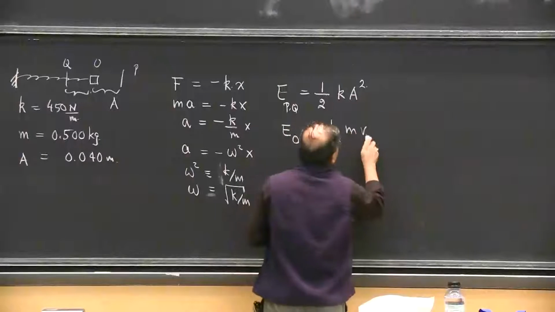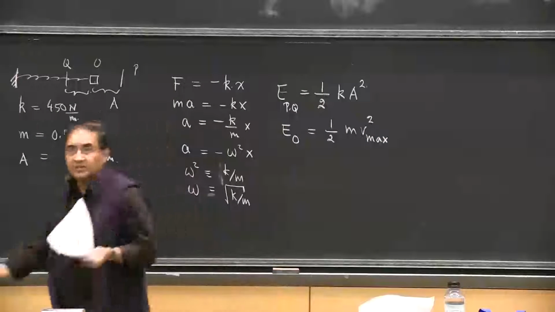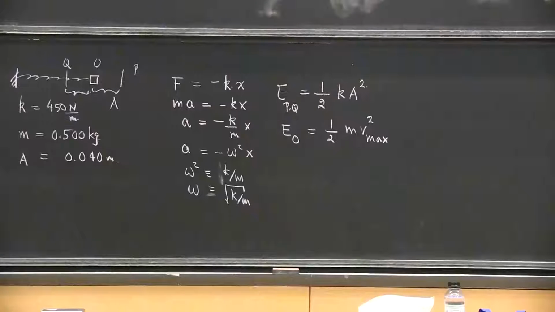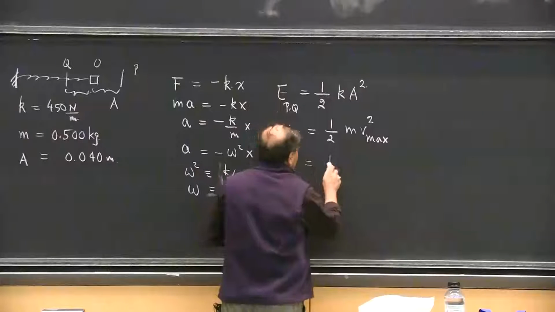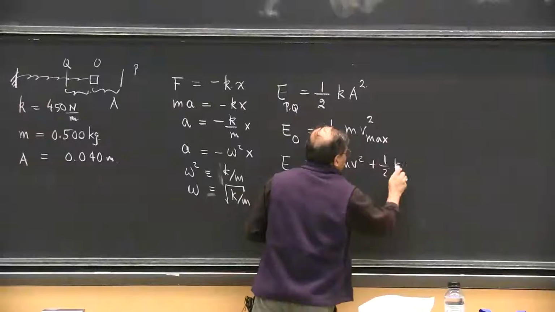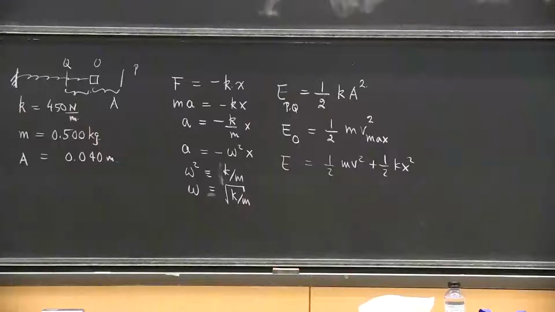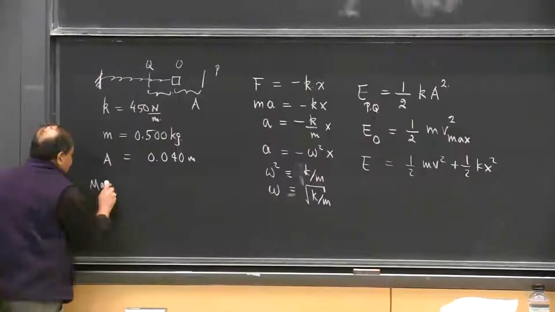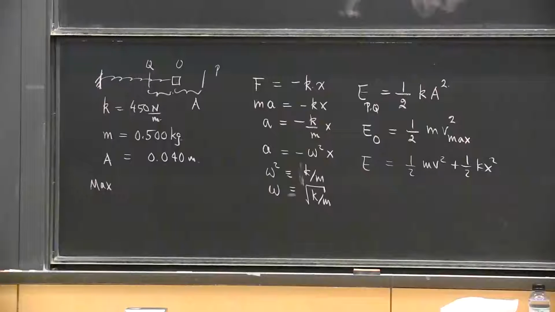So it's 1/2 m v max squared. So I can calculate the maximum velocity that the system will have, which would be smack in the middle. And at any arbitrary point, it would be 1/2 mv squared plus 1/2 kx squared. So with the problem I have set up here, if I have to calculate the maximum speed, somebody says maximum speed is going to be in the center if I release it at one end, right?